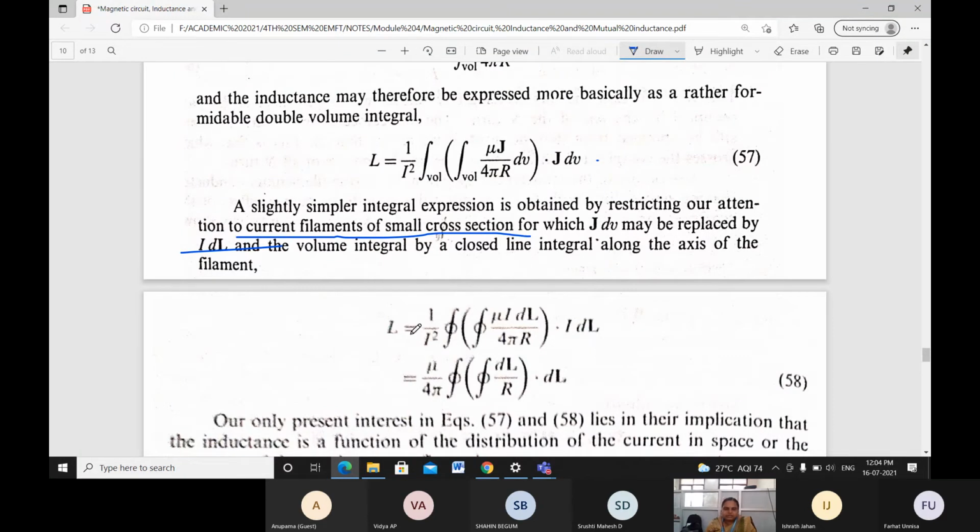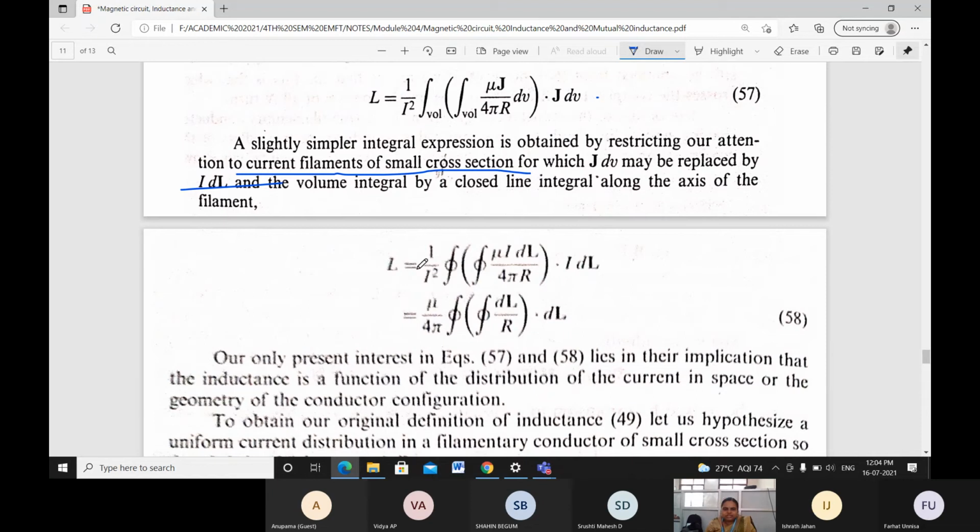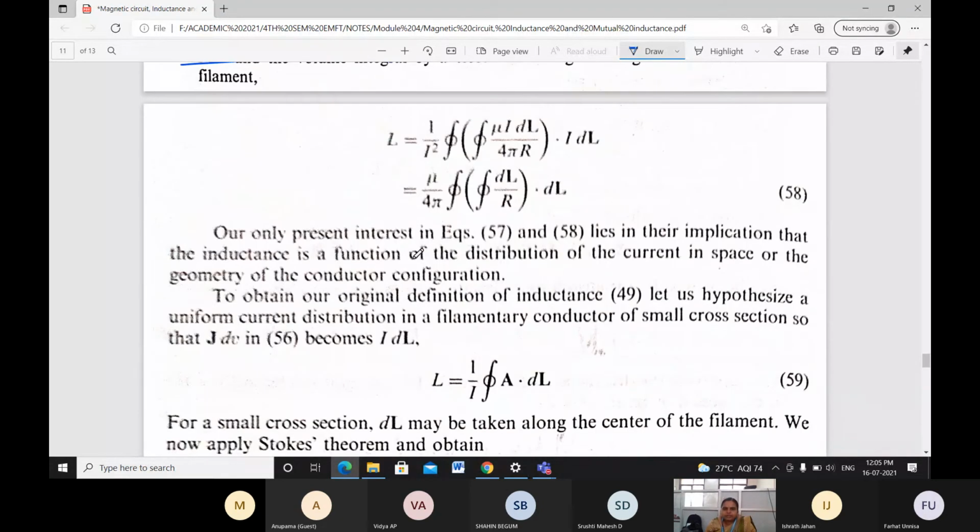In terms of the line integral, I can write L equals 1 divided by I squared times the closed double integral of μ I dl divided by 4πR dotted with I dl. The I squared cancels off. Therefore, what remains is μ divided by 4π times the closed double integral of dl dot dl divided by R.